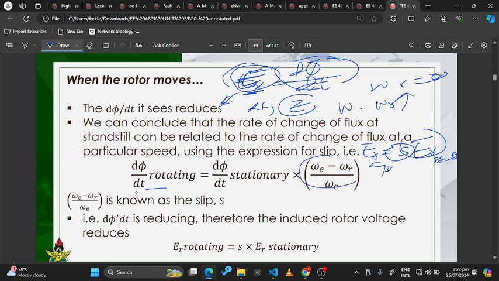Is that okay? This you see over here, this is the slip. So E rotating is equal to the slip times E stationary. Okay, sure. So that's what you have over here.